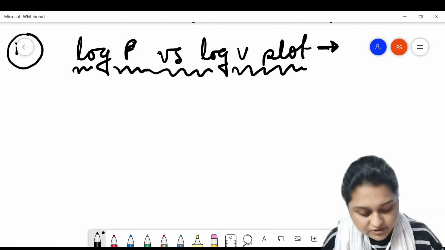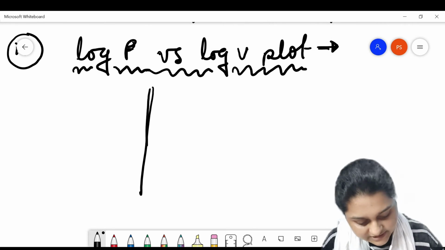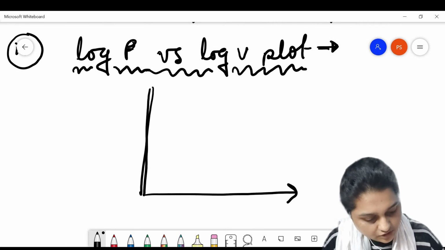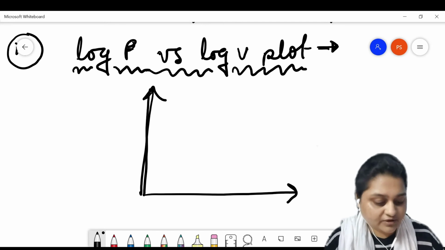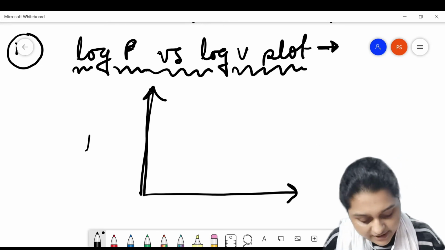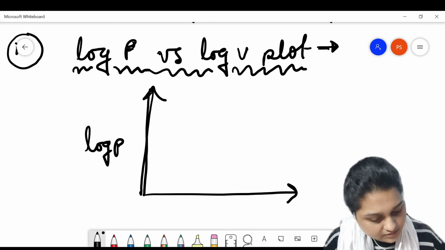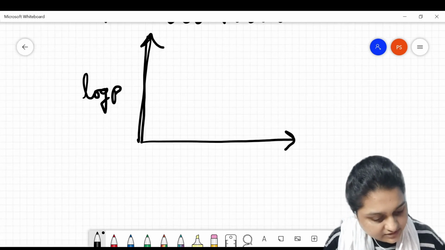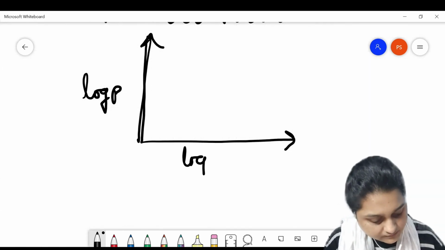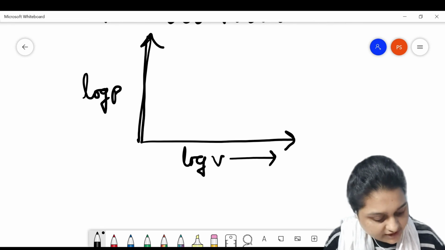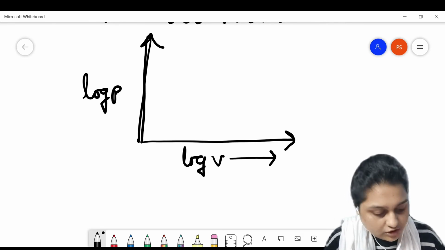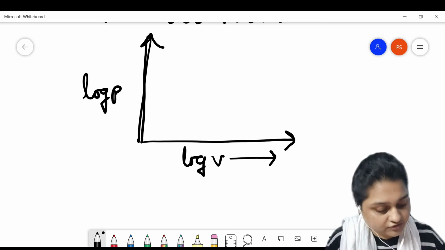To construct this plot, as you can see, it is log of P versus log of V. That means we need to take the x-axis as log of V and the y-axis as log of P.